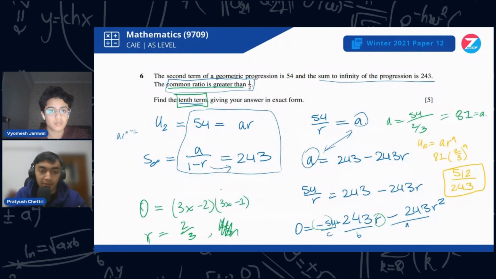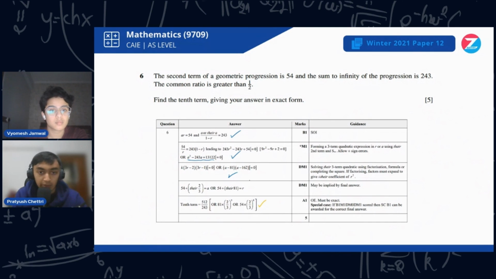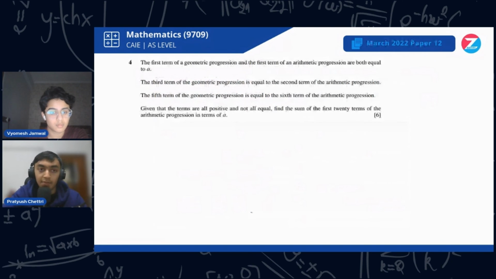Again, when you're doing quadratic stuff, don't just show your answers. Show one step of factorization, even if it's from your calculator, because there's a mark for that. Or maybe implied. This is one mark. Okay, that's all for that. And this is the last question here.